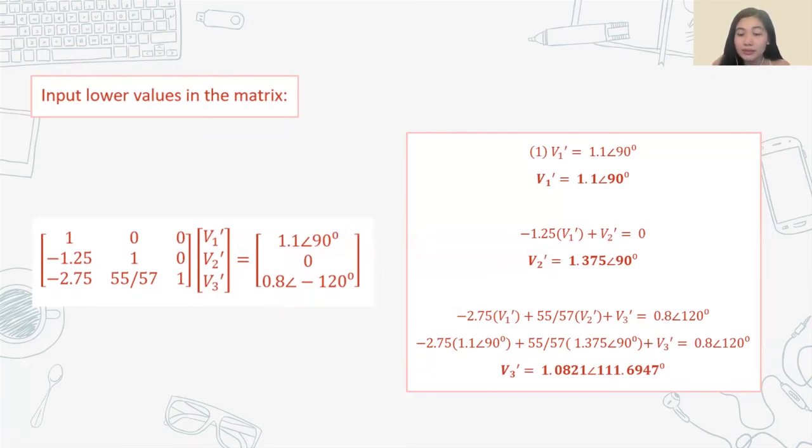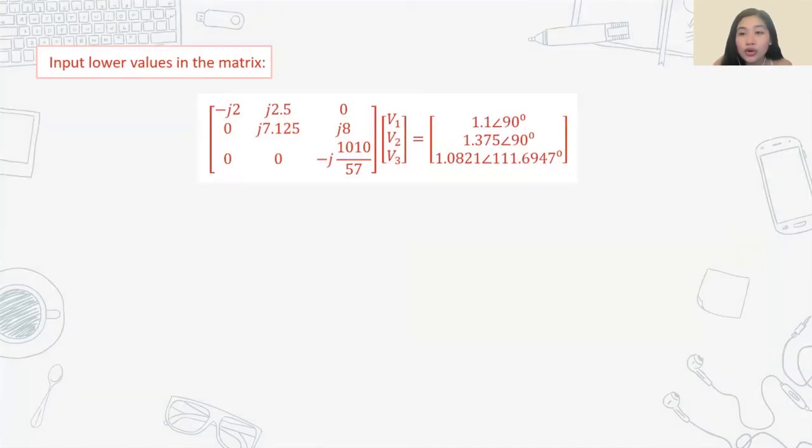Okay, since we are done inputting the lower values in our matrix and we have solved for V1 prime, V2 prime, and V3 prime, we are now going to solve for our three values of voltages. Here we have to input the upper values in the matrix, which we got at the very start. And as we said, there are no diagonal ones when we input values in our upper triangular matrix.